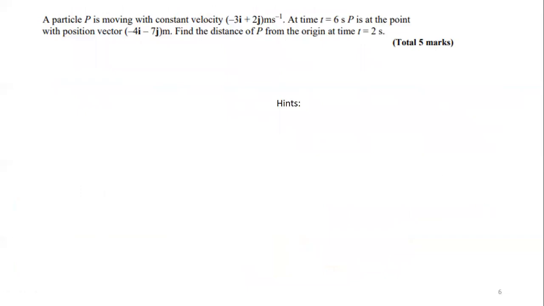Next one. This time it's constant velocity. So think, what formula can we use for position vector if there's constant velocity? So hopefully you spot r equals r naught plus vt.